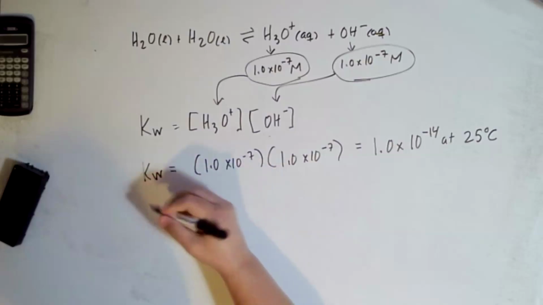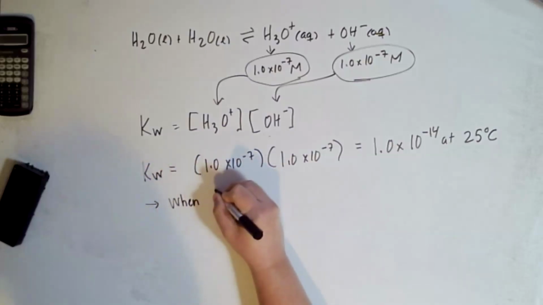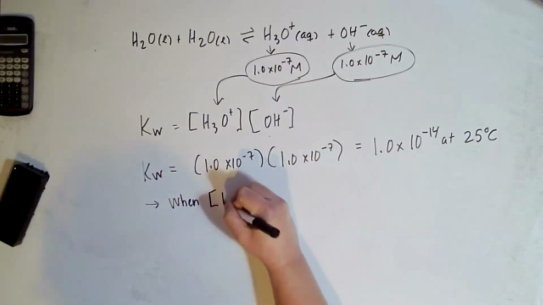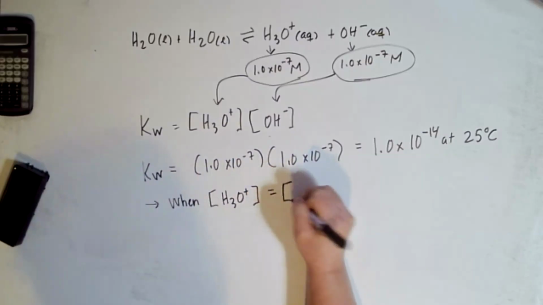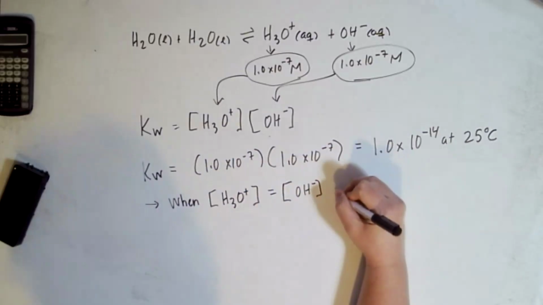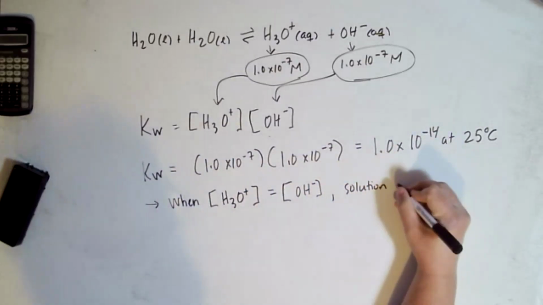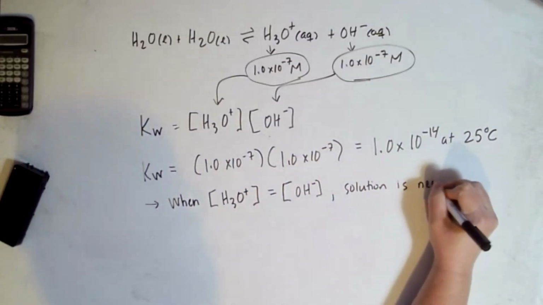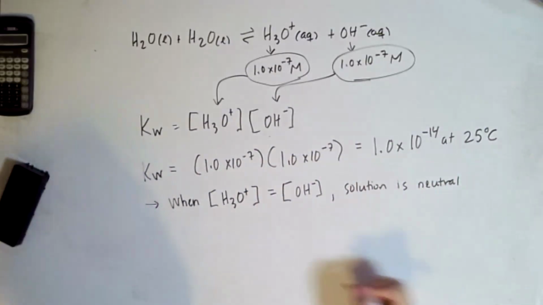All right. So when our H3O plus concentration equals our OH minus concentration, our solution is neutral. Okay.